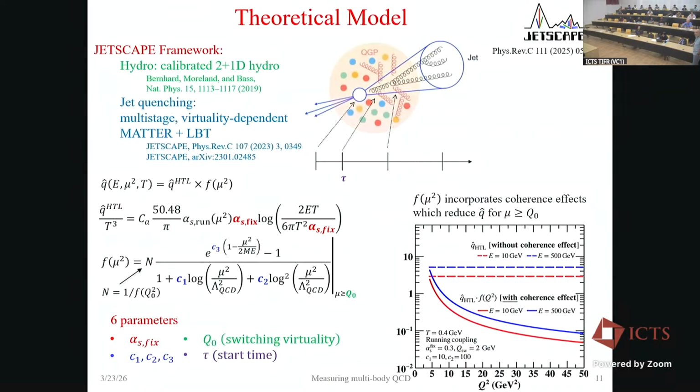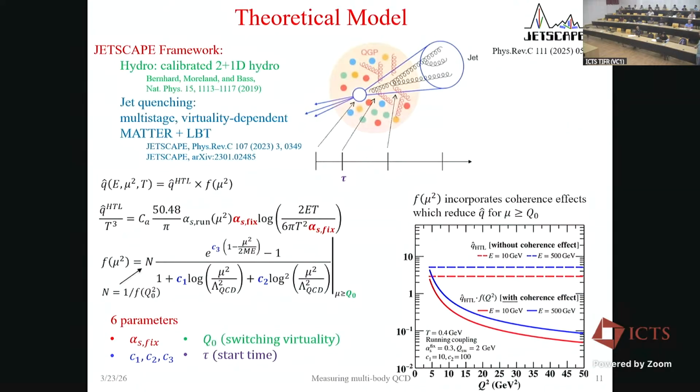So this term is defined like so. It's got basically one parameter, the so-called alpha S, and then the virtuality dependence. So the master q hat is the product of an HTL q hat and a model for the virtuality dependence. Sorry, it's a confusing slide, but this is the q hat that goes into the modeling.